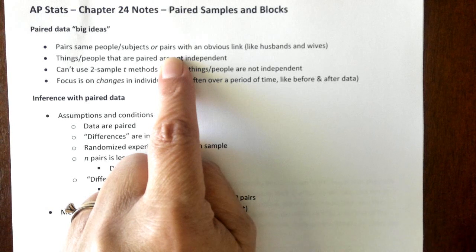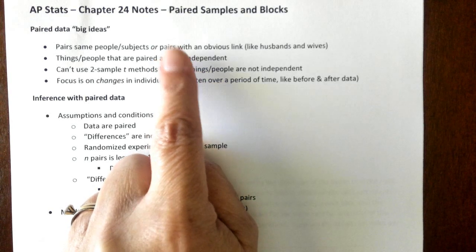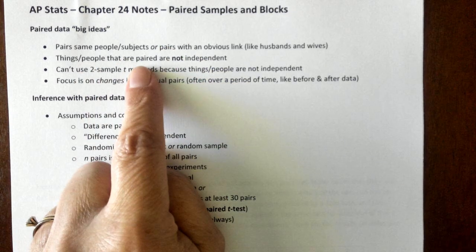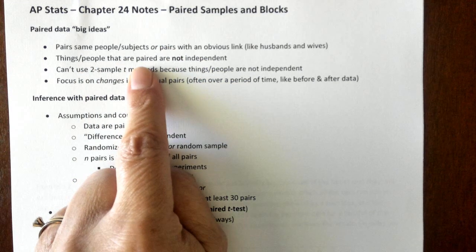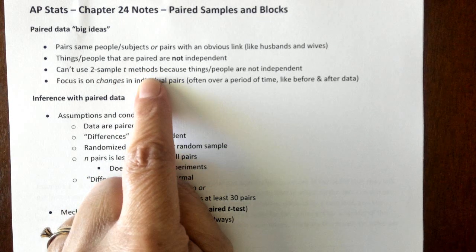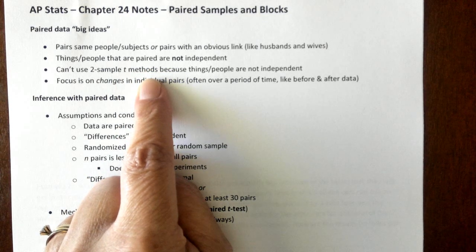So that's chapter 23 information. There's an obvious pairing of 2 by 2 of all the data in this type of inference procedure. So things and people that are paired up would not be independent of each other, and you can't use 2 sample T methods because you don't have independence.